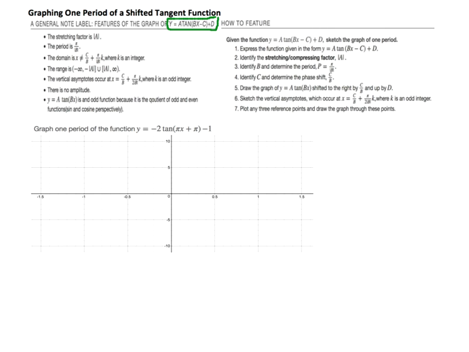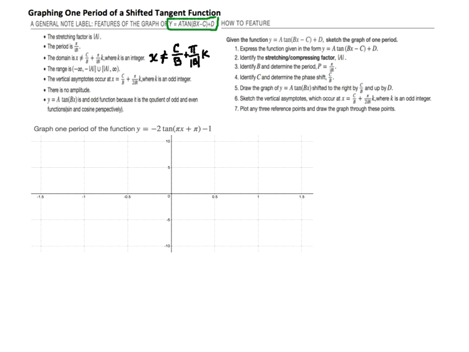The domain is x not equal to c over b plus pi over the absolute value of b times k, where k is an integer. In other words, let me rewrite this so that I can explain what this is saying. It says the domain is when x is not c over b plus pi over the absolute value of b times k.